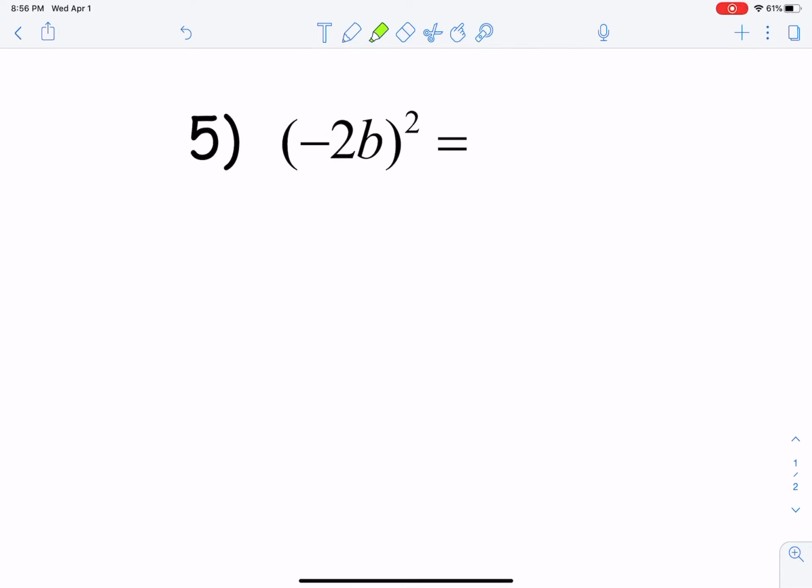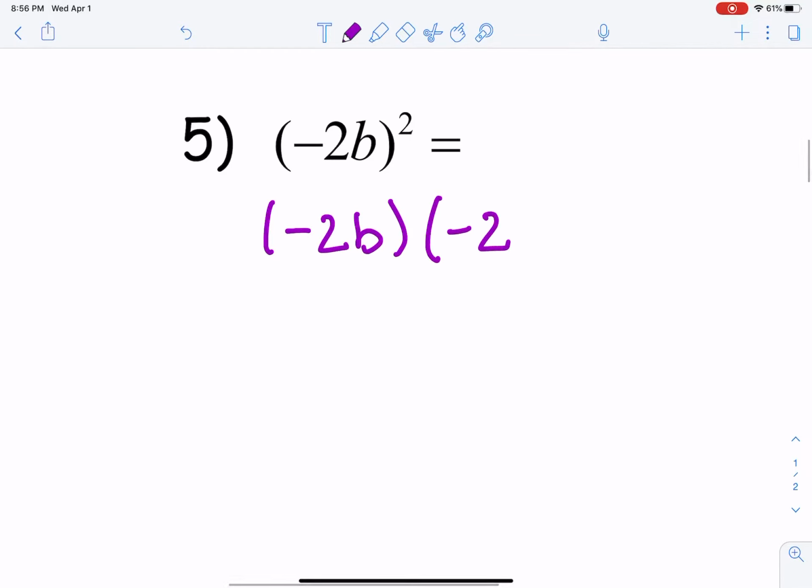So this exponent here, what is it attached to? Go ahead and pause the video, try to do it on your own. Okay, so it's attached to everything inside the parentheses. So I'm going to have -2b, -2b.